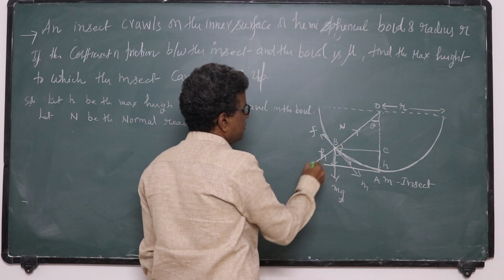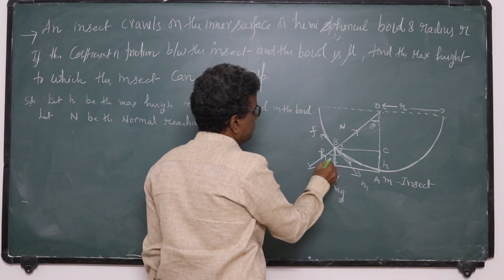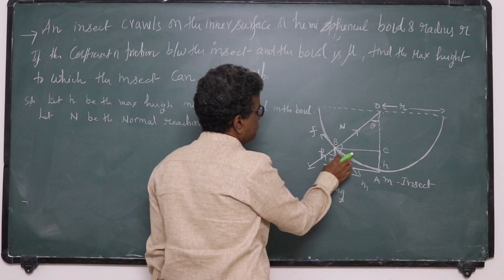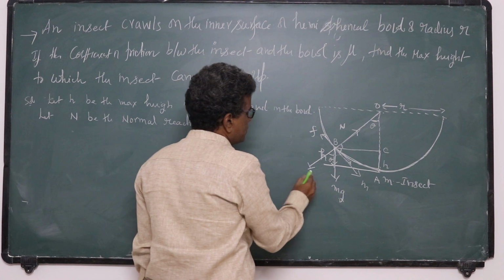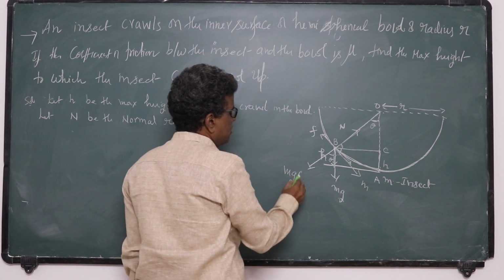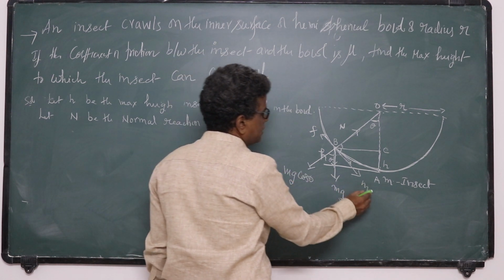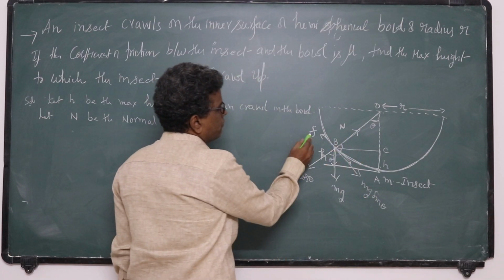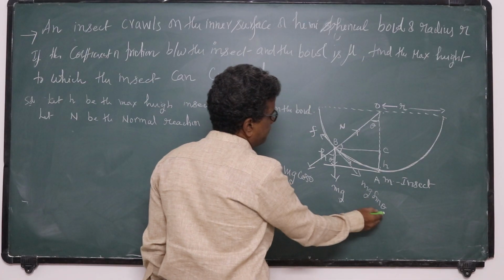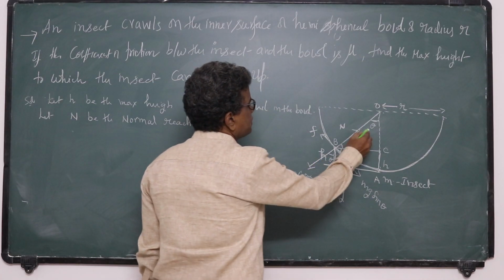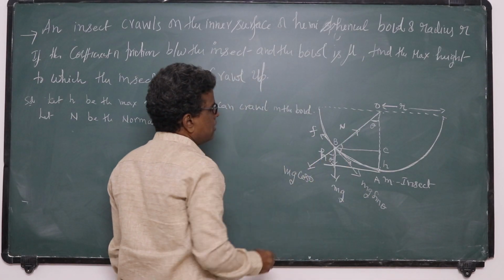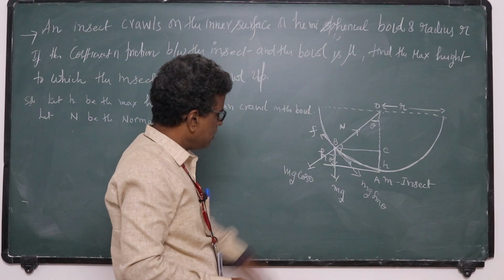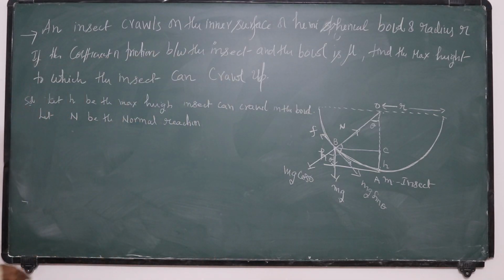The components are mg cos theta and mg sin theta. The frictional force balances mg sin theta, and the normal reaction becomes mg cos theta.